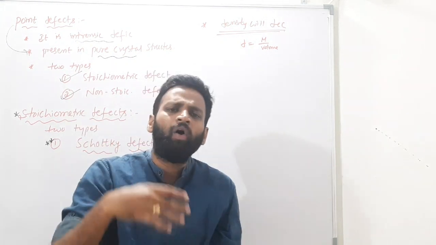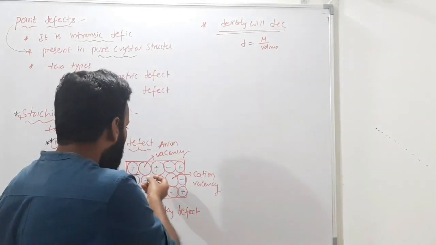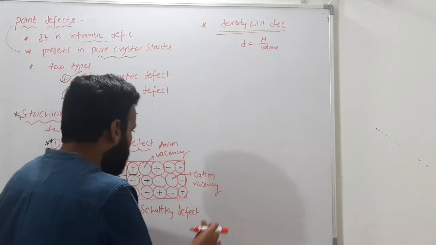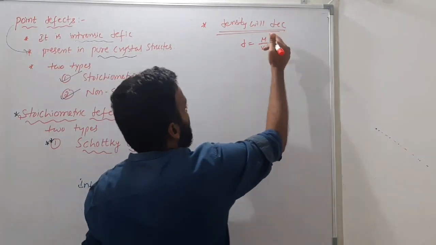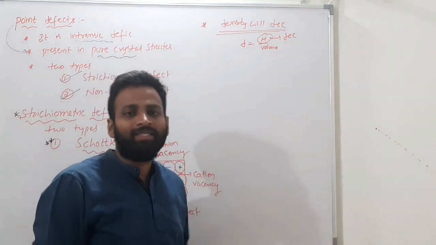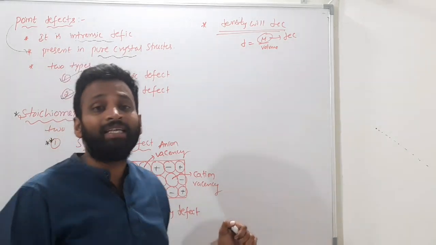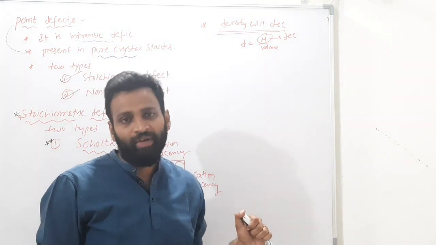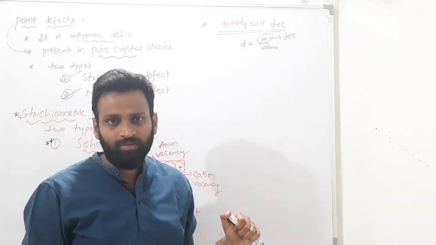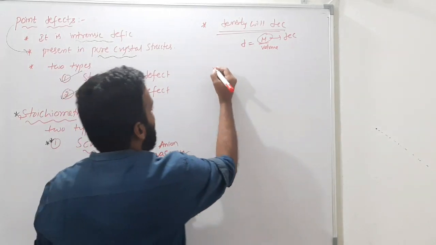In a solid, on heating or under some conditions, it lost cations and anions. Volume won't change; only mass will decrease. So due to the decrease in mass, that defect is called the Schottky defect. Understood? So this is about the Schottky defect.